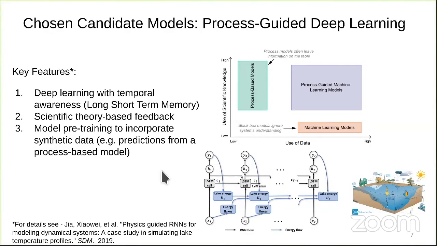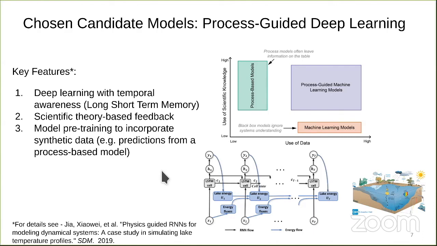So Alison already talked about the idea of process-guided deep learning models, also known as knowledge-guided or physics-guided. It goes by many names, but basically the key features are that these are deep learning models with temporal awareness. They have scientific theory-based feedback, and they also use pre-training to incorporate synthetic data from process-based simulations of lakes.